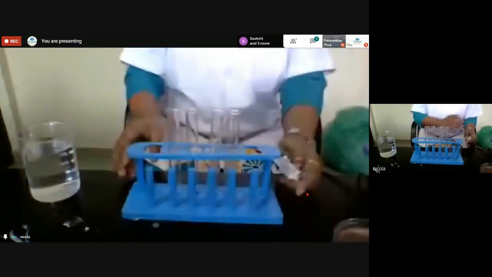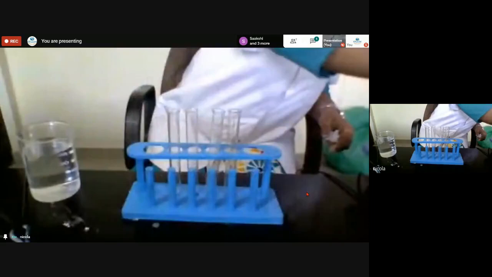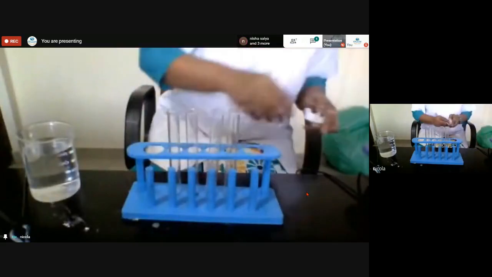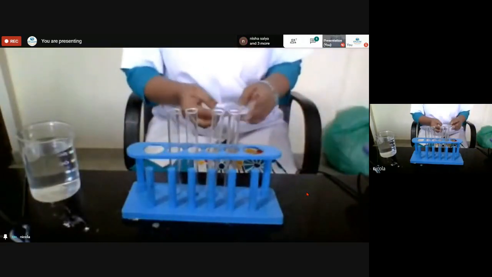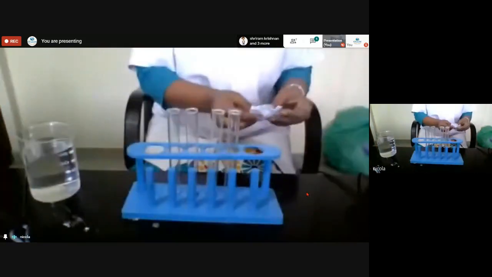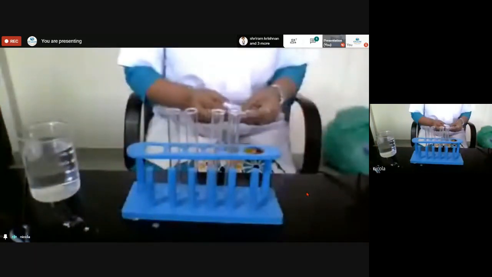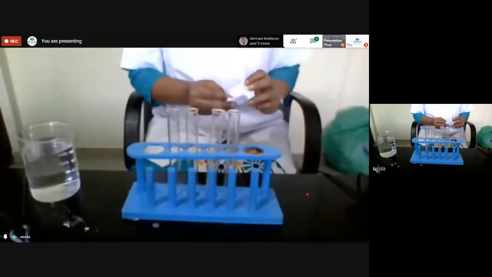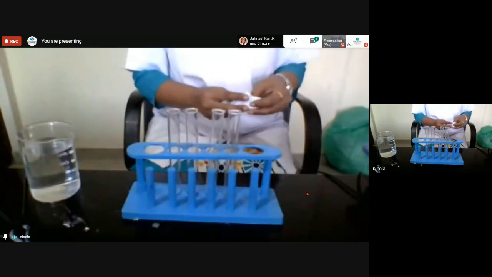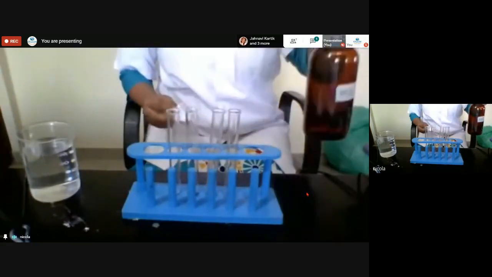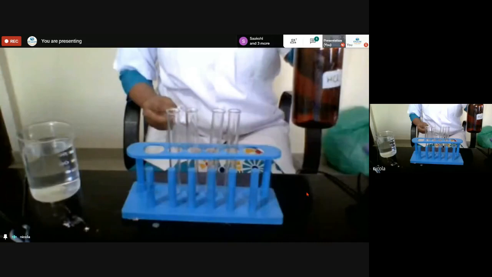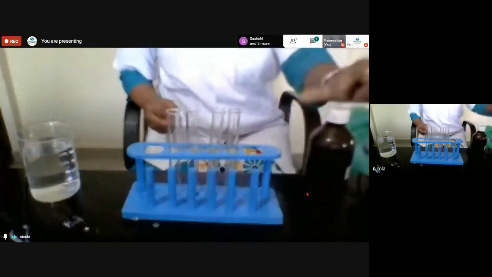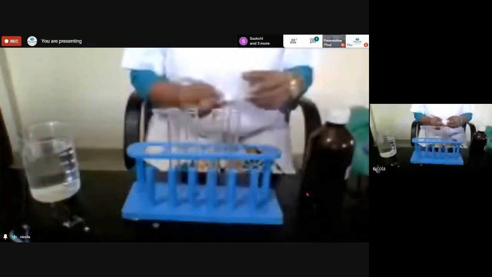So first of all, we have to test a metal with acid. We will use dilute hydrochloric acid. It is the dilute form of hydrochloric acid. And we'll use metal.